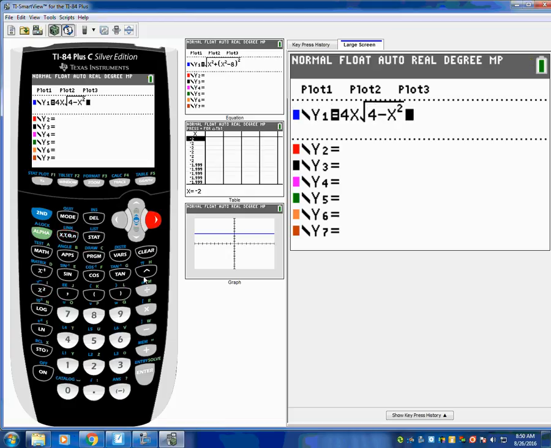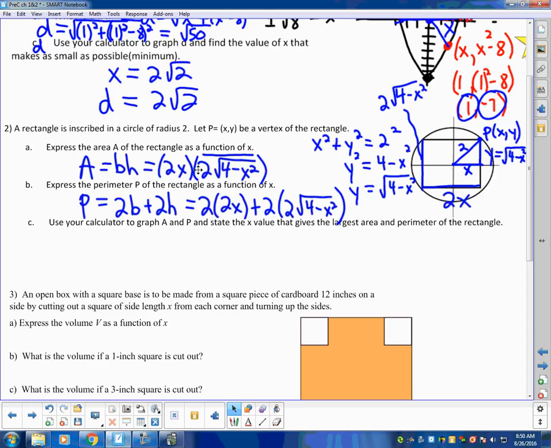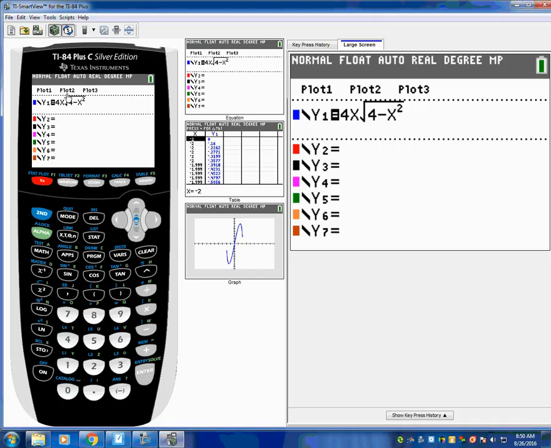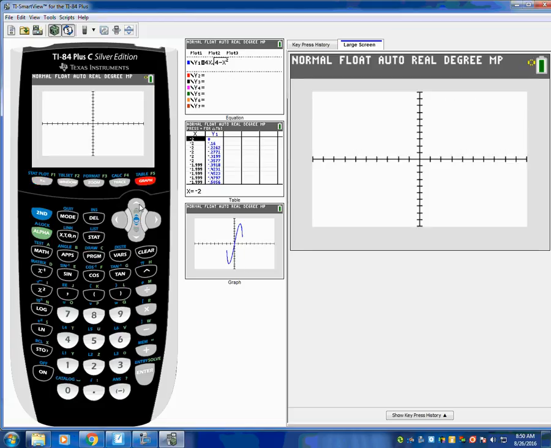Wait, so what happened to the 2 in front of the square root? That's all right. I just simplified. There's a 2 and a 2 there. I made that 4. Oh, I thought we were doing the perimeter. My bad. We're doing the area one here. I got it right now. So 2 times 2 is 4x. So we graph 4x times the square root of 4 minus x squared. If you want to, you can type it in before you even simplified it. Which is sometimes, if you have complicated functions, you might want to do it that way. See what happens. So we graph it.